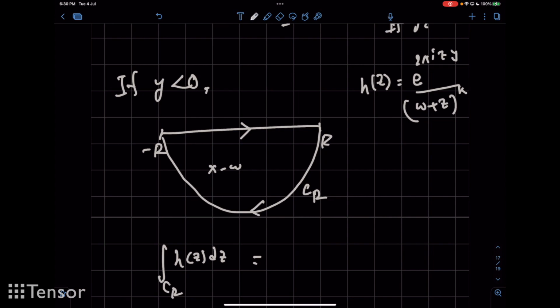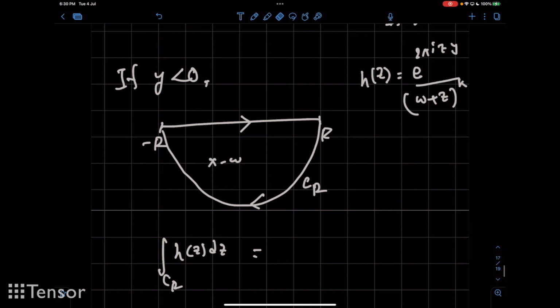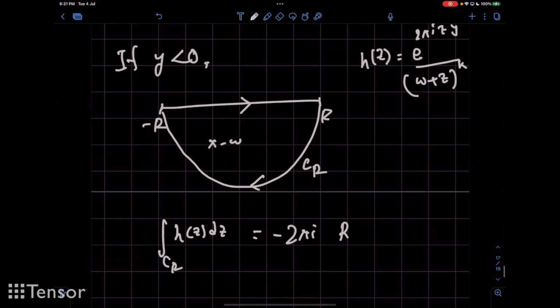We have a pole here, so it should be the residue at the pole. And this path is oriented clockwise, so we have a factor of negative 2 pi i. If it were oriented counterclockwise, we would have a factor of positive 2 pi i, times the residue of h at z equals negative w.